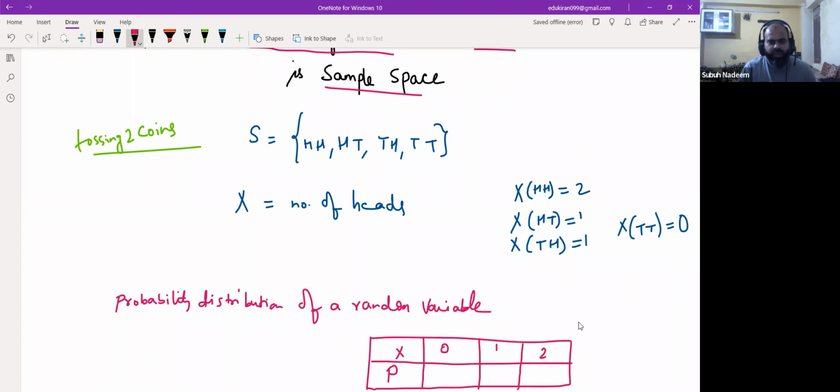In how many cases are we getting 0? Only one case out of 4 cases. So the probability of getting X equal to 0 is 1 by 4.